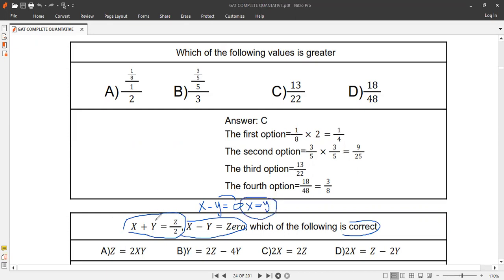So here I replace y by x because I look at the choices. I have 2x. So x plus x, 2x equals z over 2.